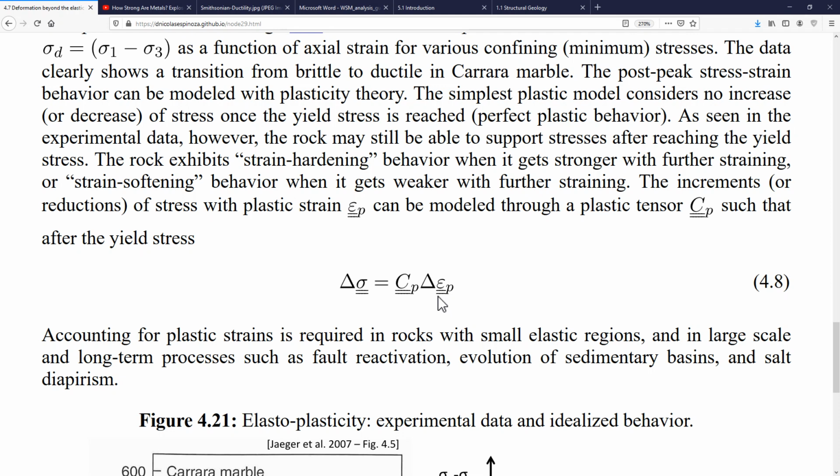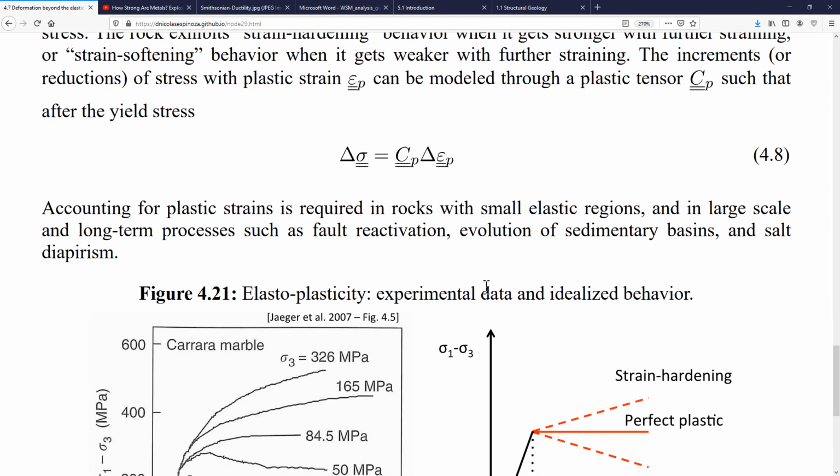Something very interesting about this type of failure and permanent deformation beyond the elastic point is that these deformations are going to depend on a few variables, and principally on the effective mean stress, which in most geological settings is going to depend on depth.